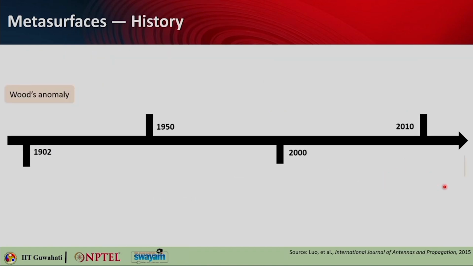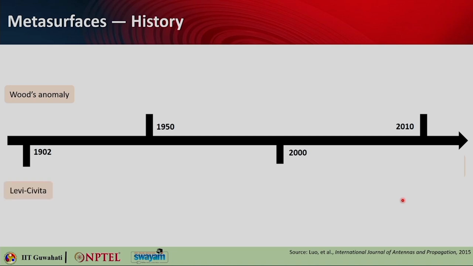So if you look into the metasurface history, okay, it all dates back to 1902 when Robert Wood found some anomaly in the reflection spectra of a metallic grating, and this phenomenon is called Wood's anomaly.